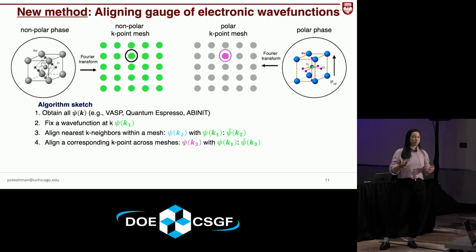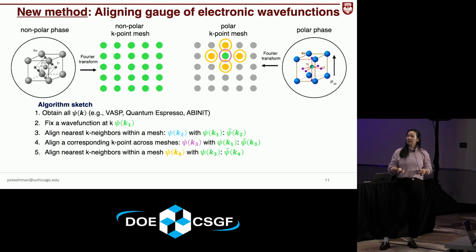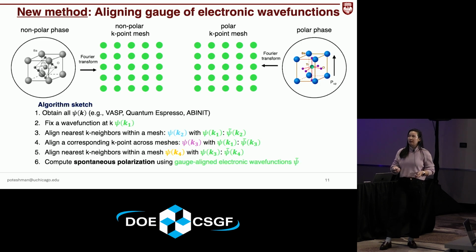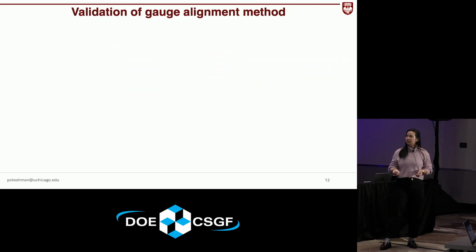And then we can bridge between our two different k-point meshes by taking two wave functions at corresponding k-points across our two materials and aligning them, and then similarly using this nearest neighbors approach until all of our wave functions are gauge aligned. And once our wave functions are gauge aligned, we can now, with confidence, take this Berry phase difference without having to worry about whether we're correctly taking the difference between the corresponding points.